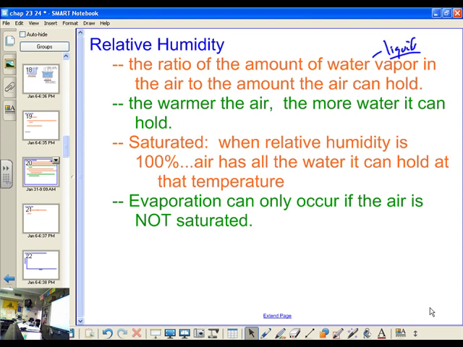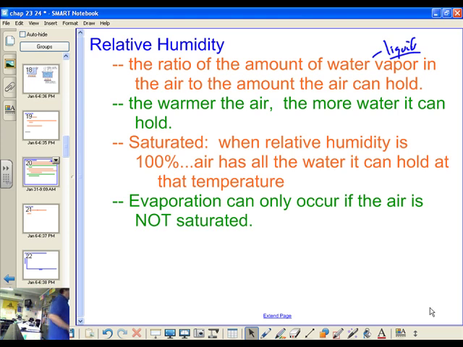Now, because it's based on temperature, when it's cold out, do you think cold days have relatively high or low humidities? Well, depending on where you are. In California, you end up with relatively high humidities. Our high humidity time is in the winter. Our low humidity time is in the summer. It's kind of reverse for back east.